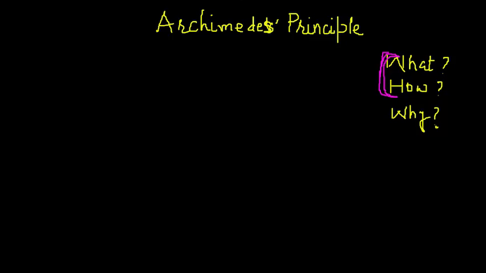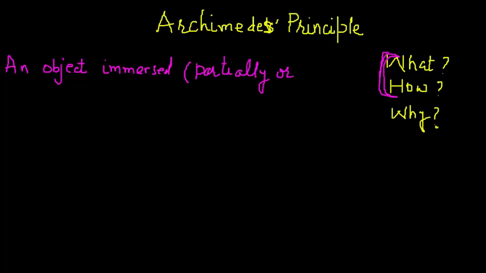The simple statement of Archimedes principle is that whenever any solid body object is immersed, either partially or completely, in a fluid, the object loses some weight, and that loss in weight is equal to the weight of the liquid displaced. Fluid is the general term for gases and liquids.